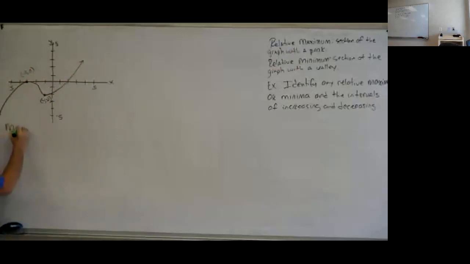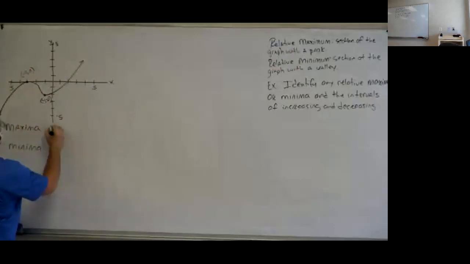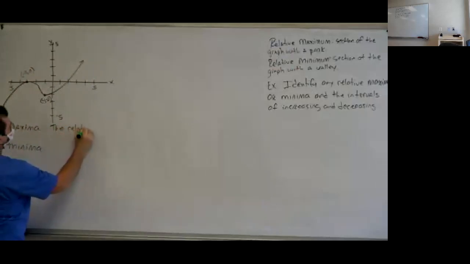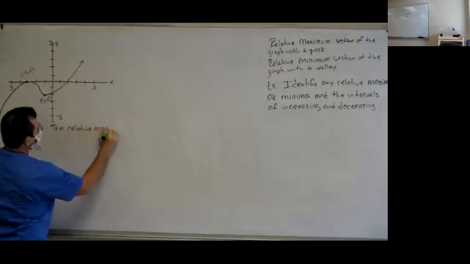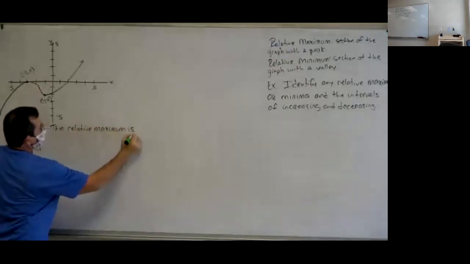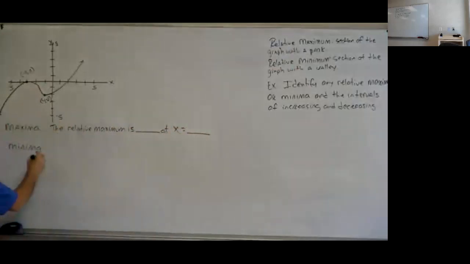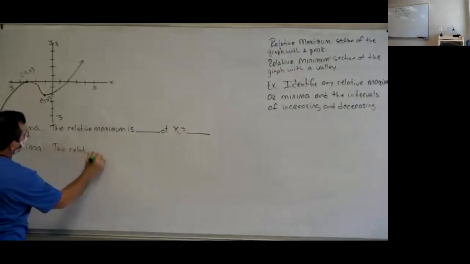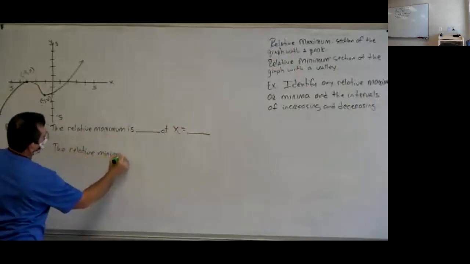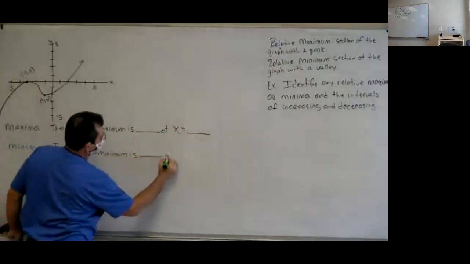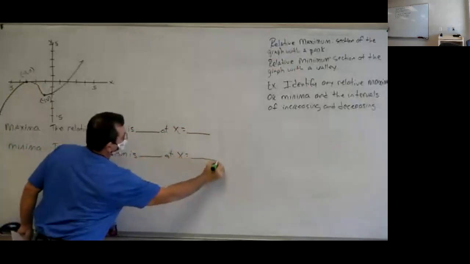So maxima and minimum. For the maximum, it'll say the relative maximum is blank at x equals blank. And then it'll say the relative minimum is blank at x equals blank.